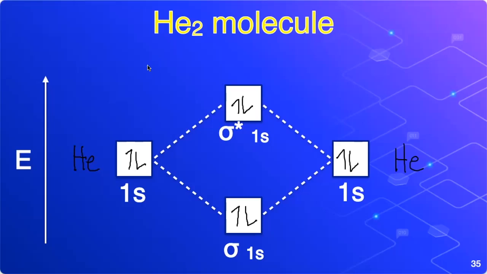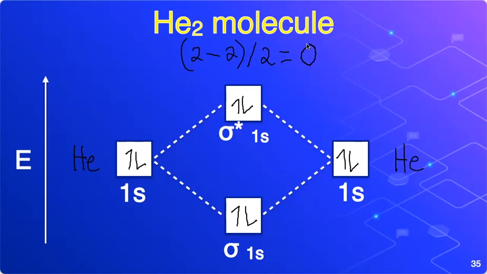Computing for the bond order, we have 2 electrons in the BMO minus 2 electrons in the antibonding molecular orbital, divided by 2. The answer is 0. All right, so we have a 0 bond order.